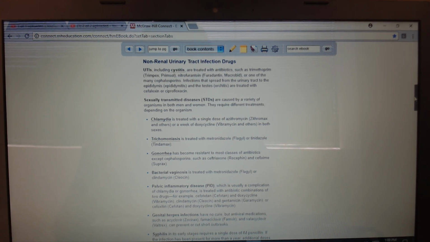Infections that spread from the urinary tract to the epididymis and the testes, or orchitis, are treated with cephalexin or ciprofloxacin.